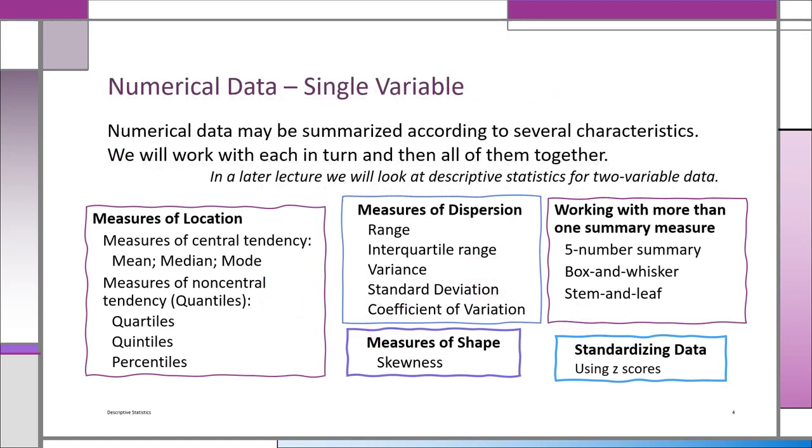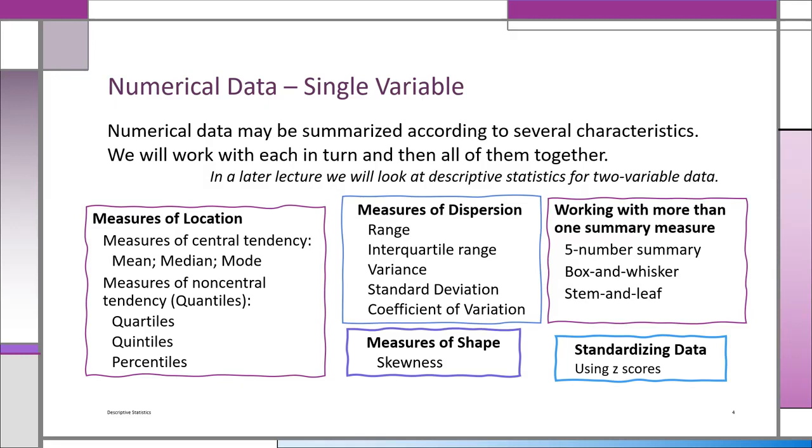What you see in front of you is pretty much an outline of most of the descriptive statistics lecture, no matter how many parts it's broken up into. Most of it is going to focus on data that comes in a single variable. First, we're going to study various measures of location. These are metrics that are used to locate our data on the scale of real numbers.